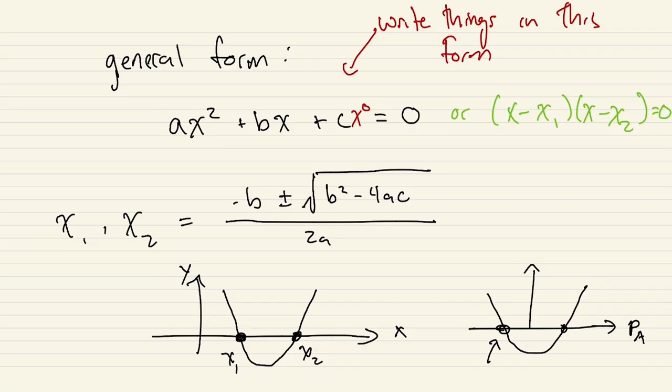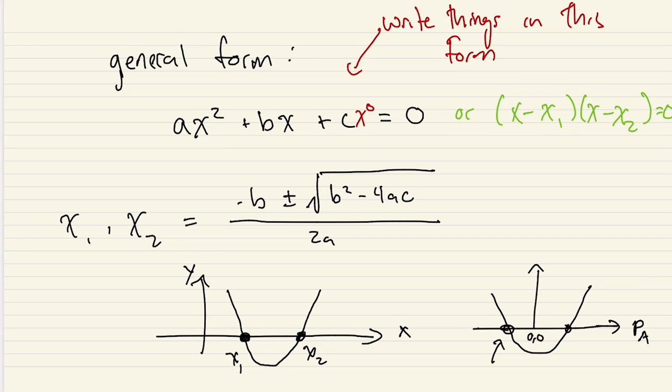This is 0. It's negative, right? And negative pressures don't make physical sense. So this negative value doesn't make physical sense. And so with the quadratic equation, you have to look and see which one of your solutions makes physical sense and which one doesn't.